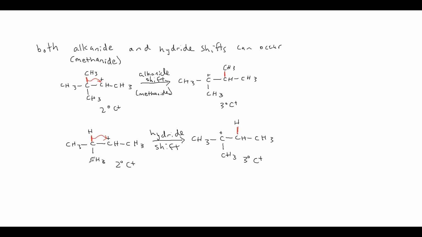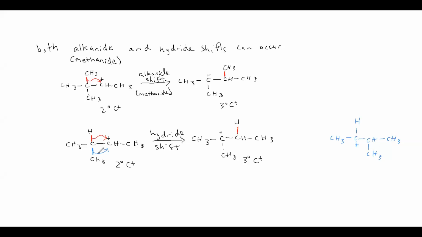Okay, now notice here that if instead of doing a hydride shift, we tried to do a methanide shift on this particular structure, what we would get is this thing.